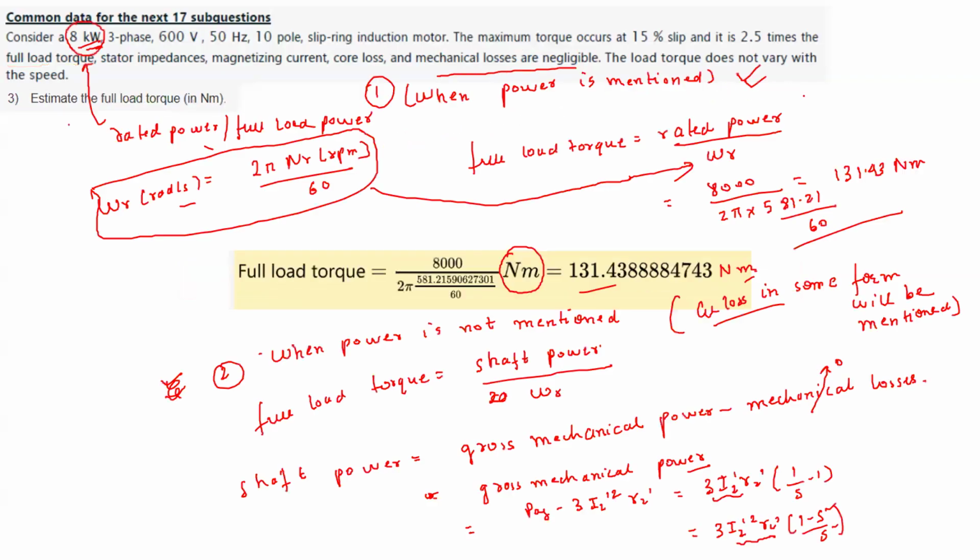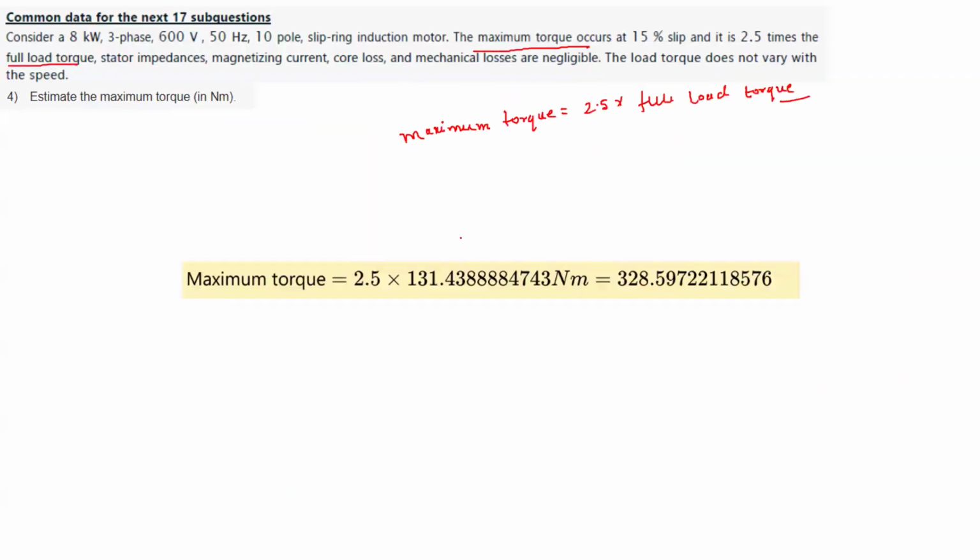Full load torque we have already solved in the last question. So you just need to substitute and put this as 2.5 times 131.43. So you will get this answer. These are easy questions. You just have to remember these relations.